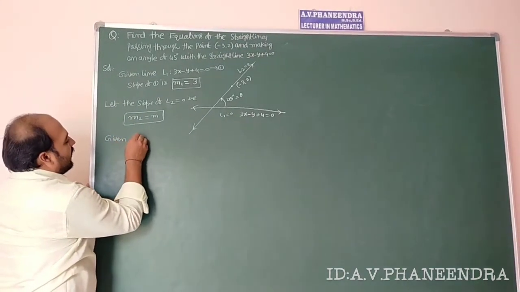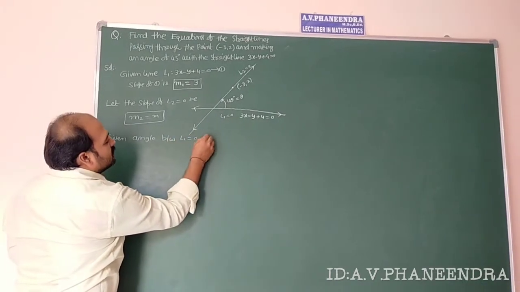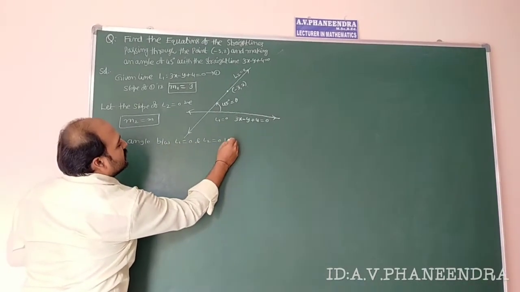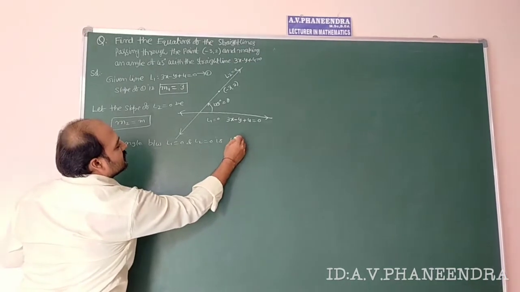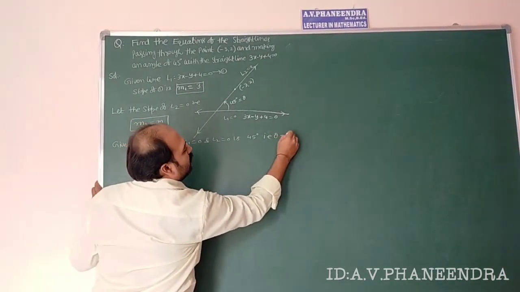Given the angle between L1 equal to 0 and L2 equal to 0 is 45 degrees, that is theta equal to 45.